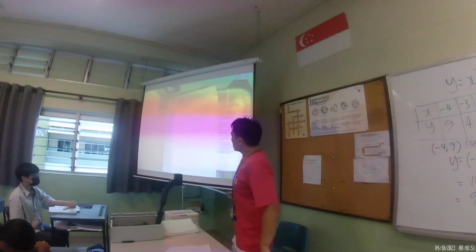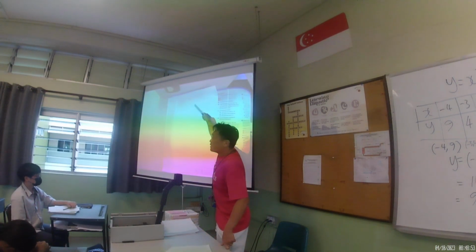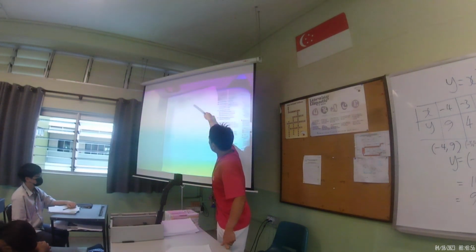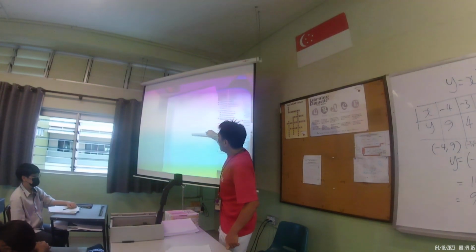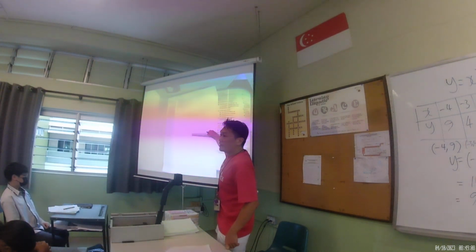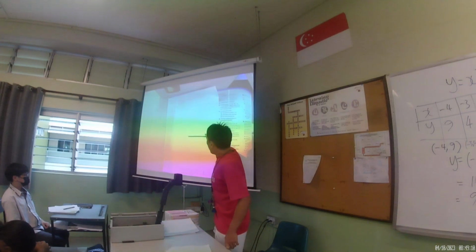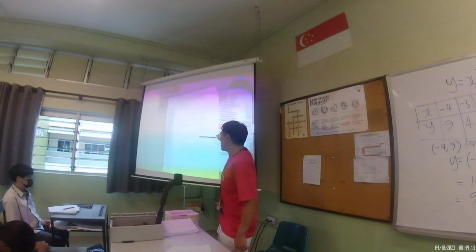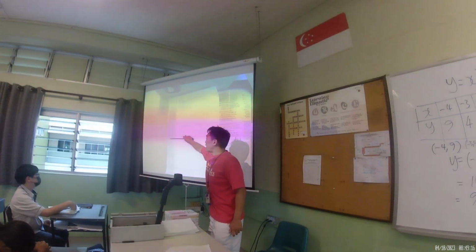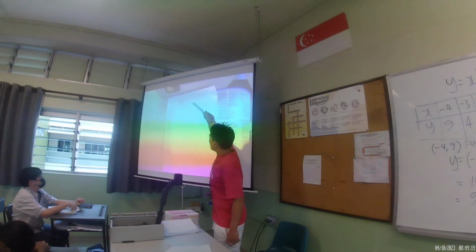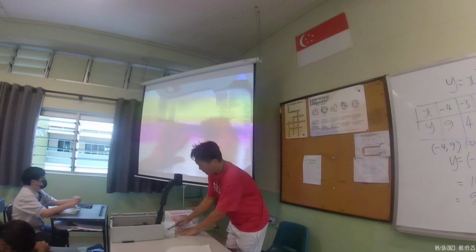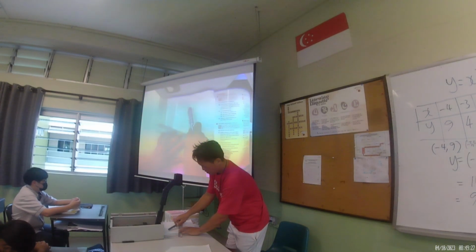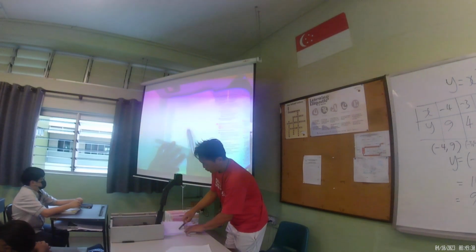So I will want a big box to be 10. Then I see if this is 10, every 1 cm is 1 unit. Means 10, 8, 6, 4, 2, 0. Okay? Then I will have enough space. Means I can draw my x-axis here. If I draw my x-axis here, it will at least contain until 10 already. Okay? So, go back. 10, 8, 6, 4, 2, 0.